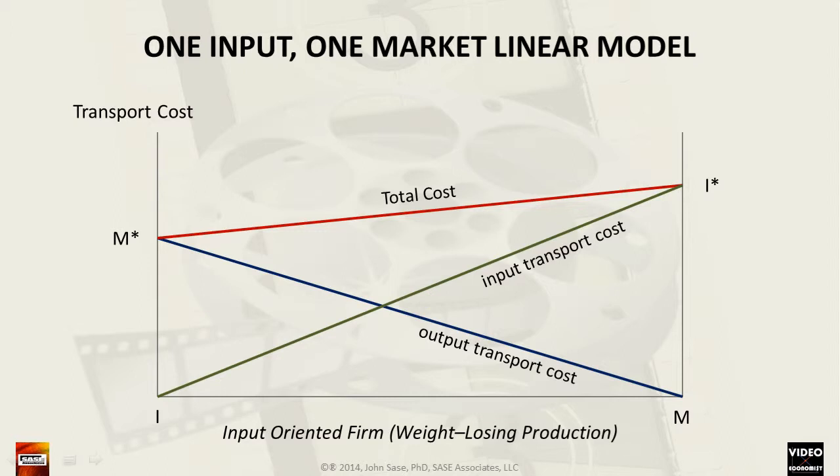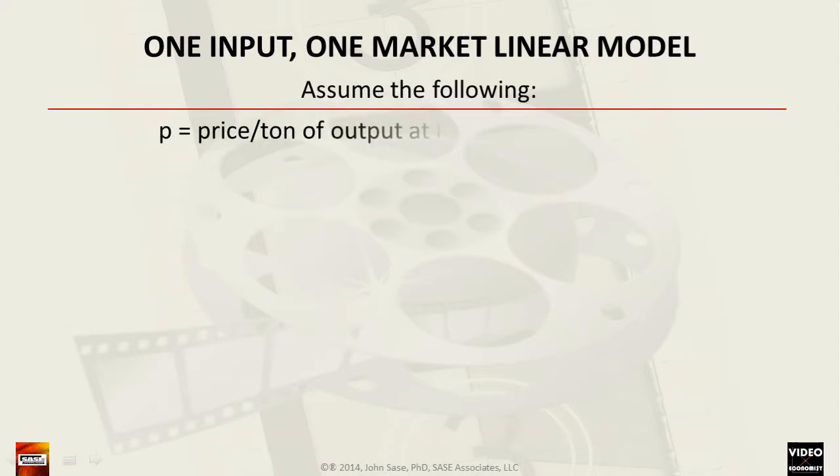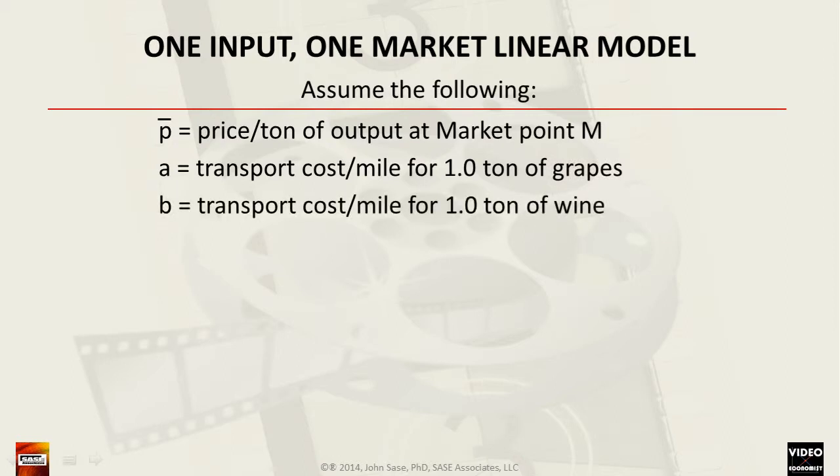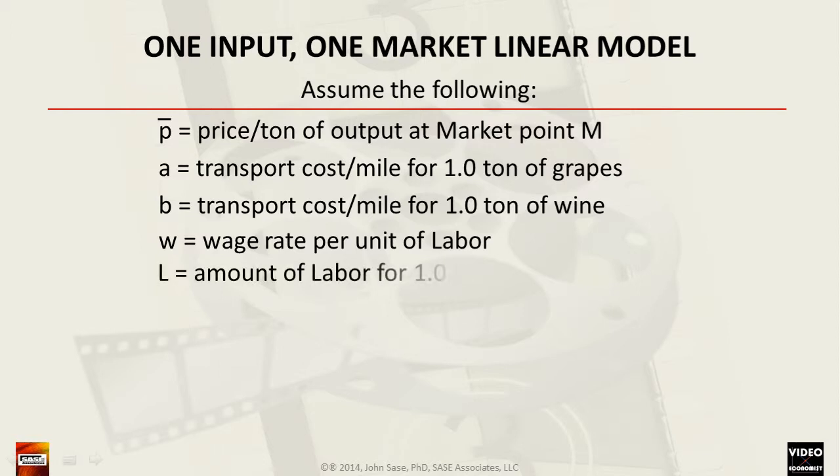To keep our example simple, we assume P bar is the price per ton of wine at the market. A is the cost per mile to transport a ton of grapes. B is the cost per mile to transport a ton of wine. W is the wage rate. Large L is the amount of labor needed to produce 1 ton of wine.